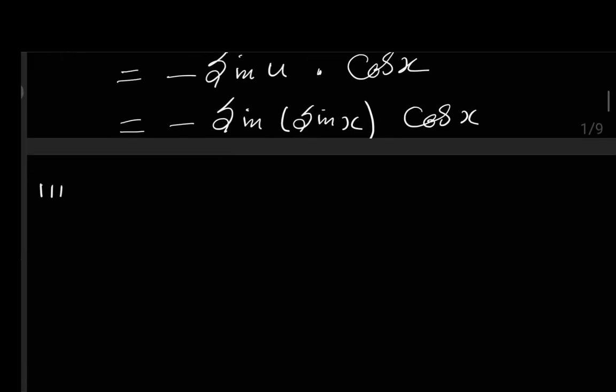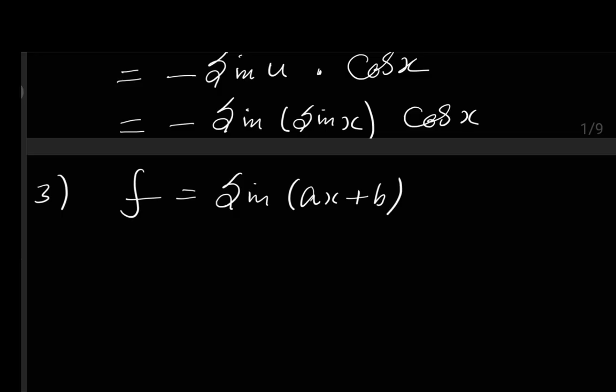Come to the third sum. f is equal to sine of ax plus b. So find df by dx. So here there are two functions, one is sine and the other function is the expression ax plus b.